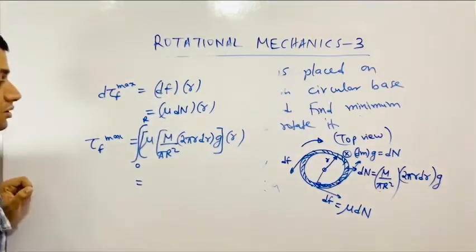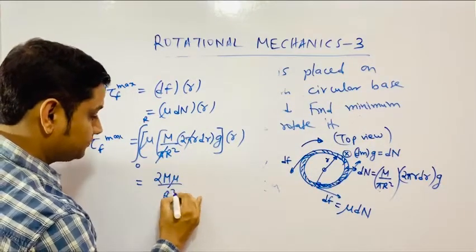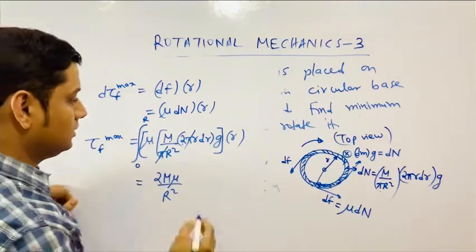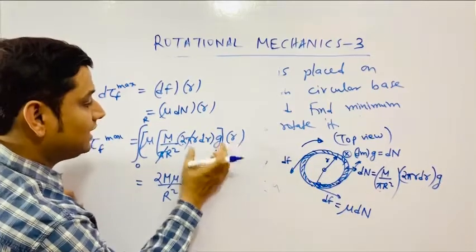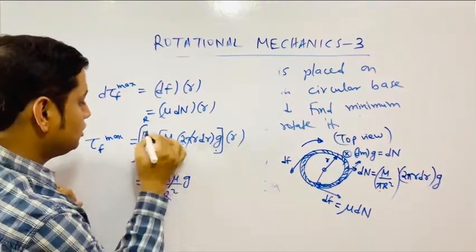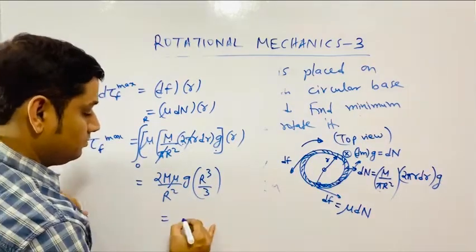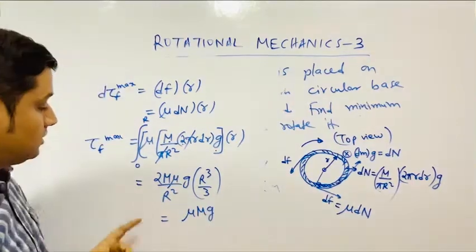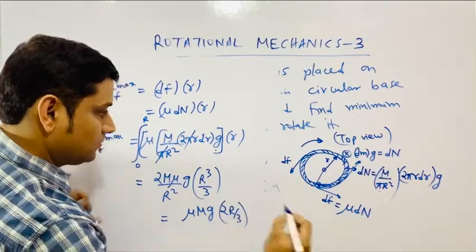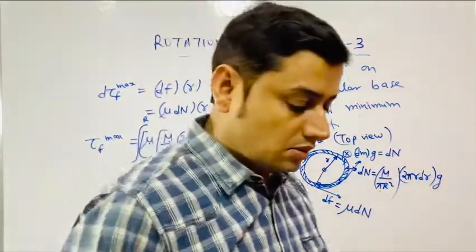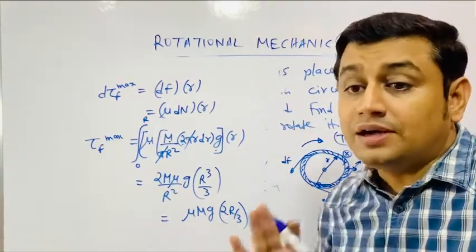The pi cancels, leaving 2m mu by r square, g also comes out, 2m mu by r square times the integral of r square dr. The integral of r square dr from 0 to r is r cube by 3, and that is equal to mu mg into 2r by 3. This is the maximum value of the preventive torque.